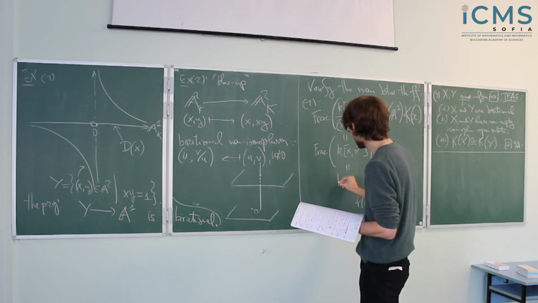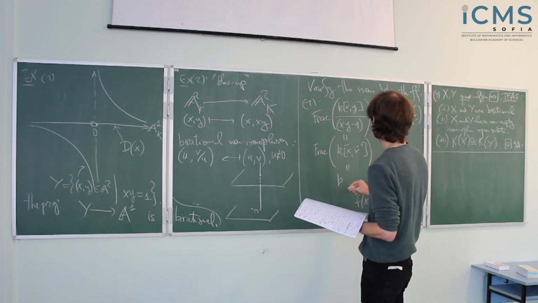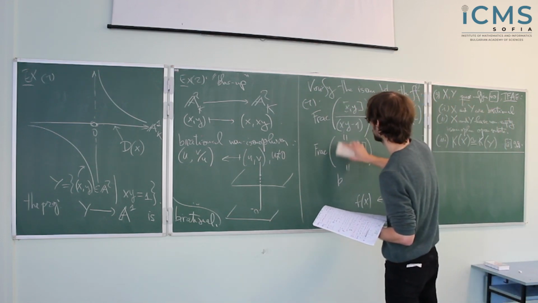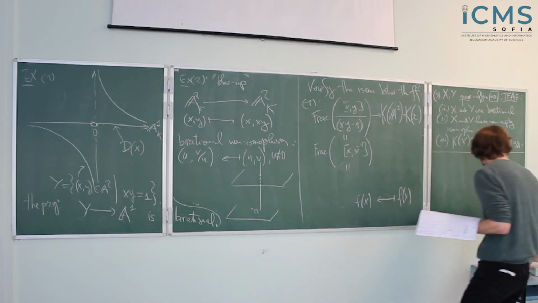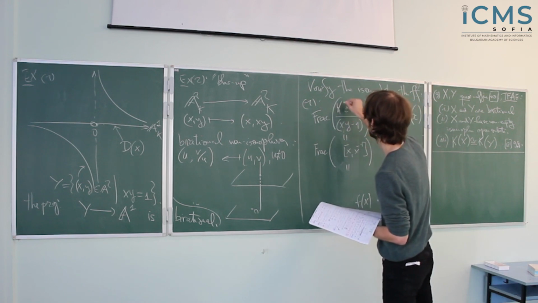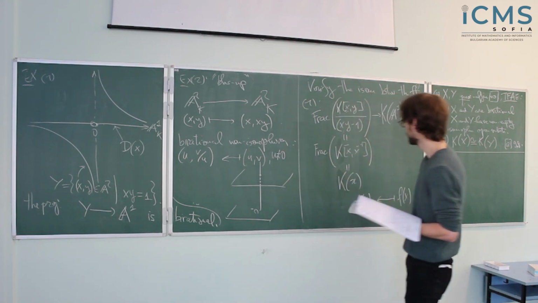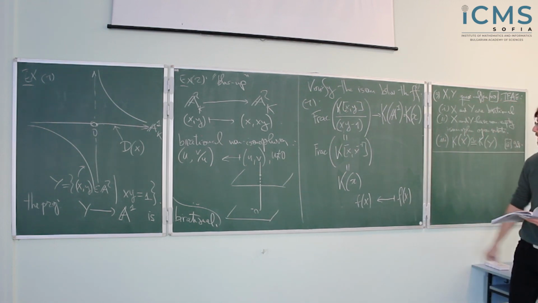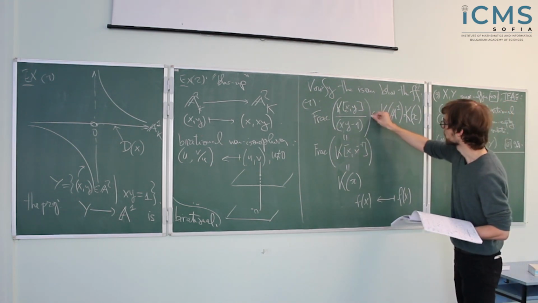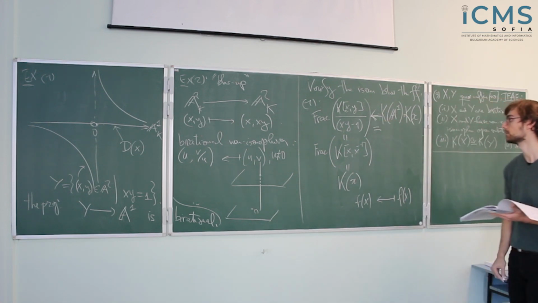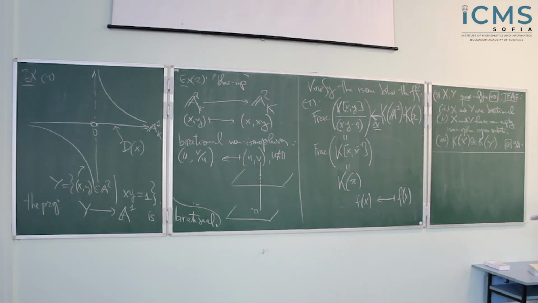Oh, I see why there's some possible confusion. This is not the notation for the field. This is still rational functions. So in fact, they should be in this direction.